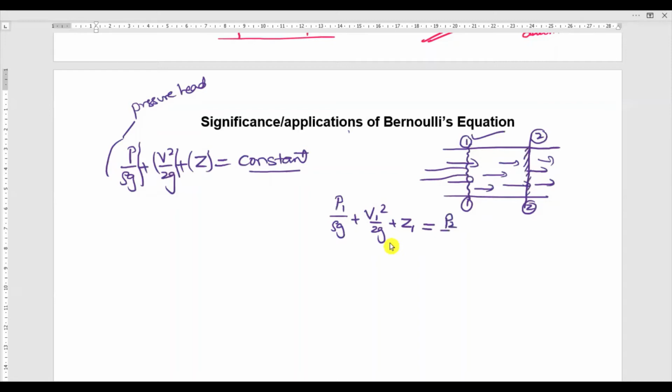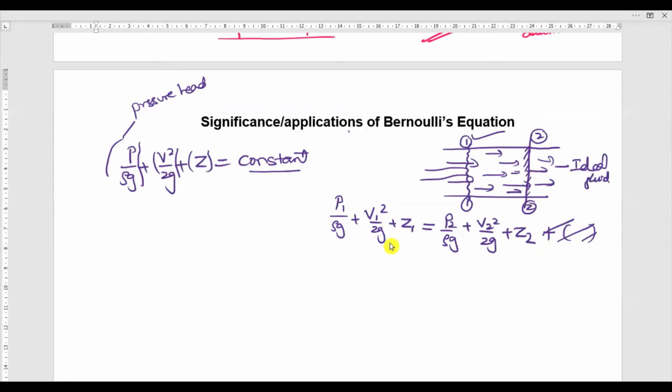That energy is P2 by rho g plus V2 square by 2g plus Z2. And there will not be any losses considered in this particular pipe. If the losses are considered, you need to add the extra term here, plus losses. So for the time being, I will not consider any loss. I will assume it is an ideal fluid. Ideal fluid, there are no losses.